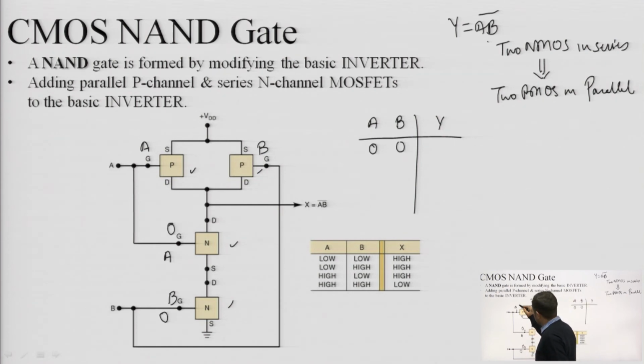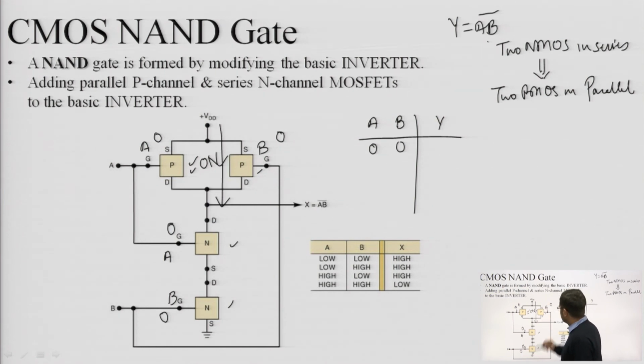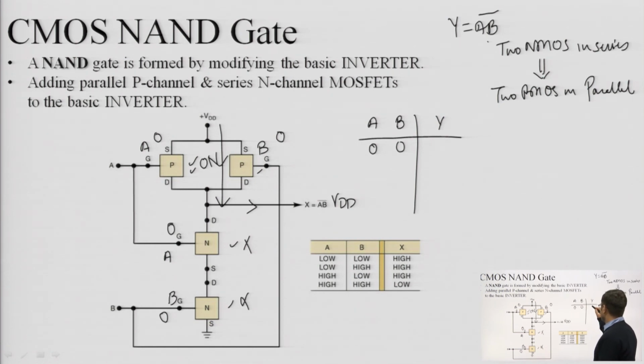So 0 is applied, that means the P type is connected to the 0, so P must be conducting, that means both these PMOS transistors must be on. This prepares the path so the output will be connected to VDD, and both NMOS transistors will be off, so there will be no ground connection. So for this I will be getting a high or 1 output.